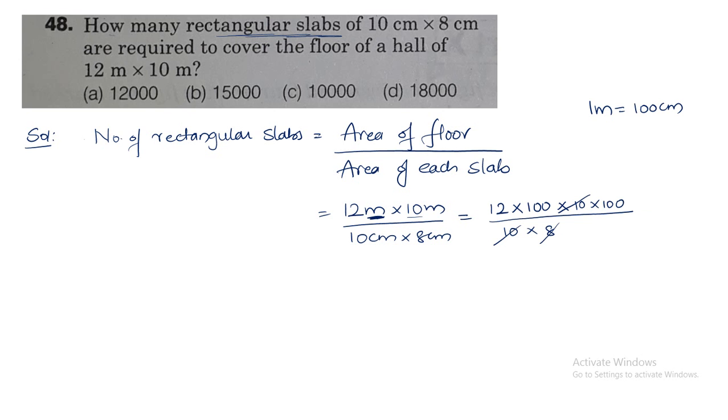Next, 8 and 12: this goes 2 times in the 4 table, this goes 3 times in the 4 table. Now in the numerator I can write 30000 divided by 2. Dividing with 2, I get 15 followed by 3 zeros. Hence the answer is 15,000. So totally 15,000 slabs are required to cover that floor.